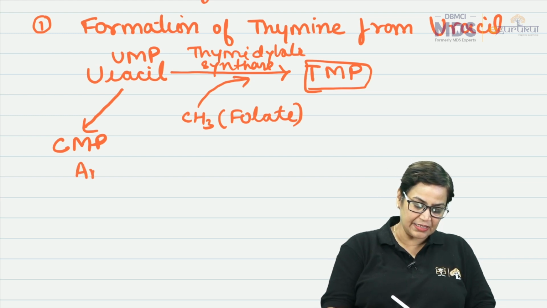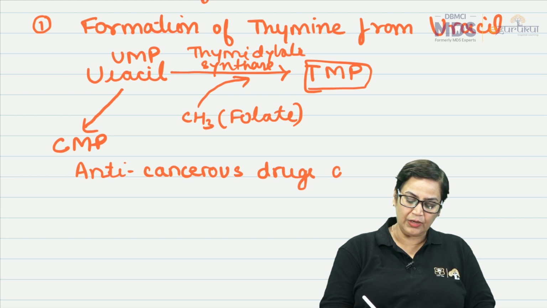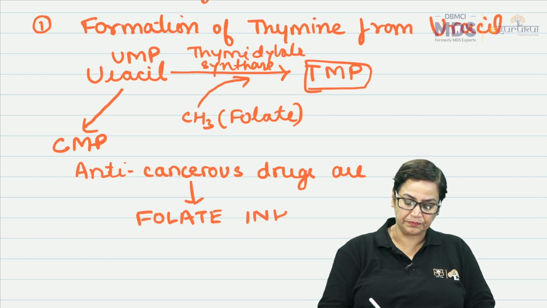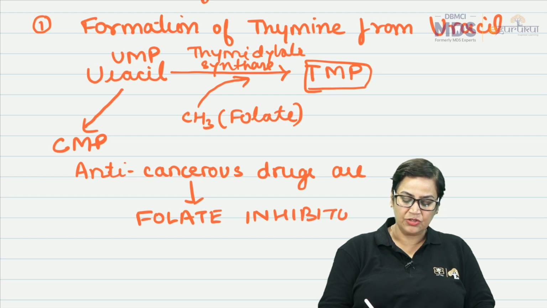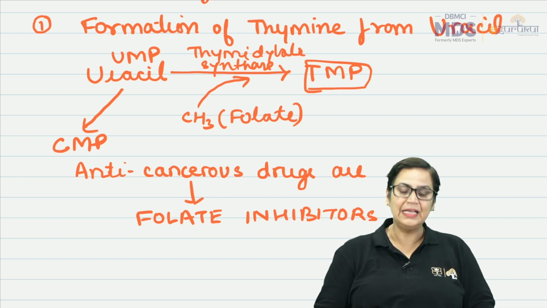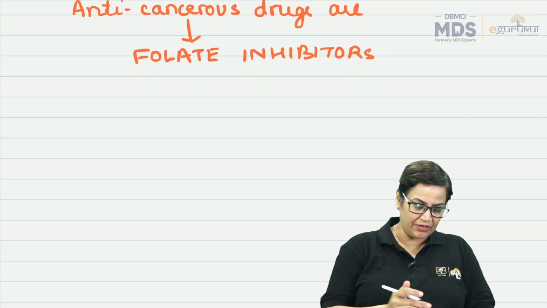So anti-cancerous drugs are folate inhibitors. Right? So this is one of the very, very important reactions, which is an example of one carbon metabolism synthesized by folic acid.